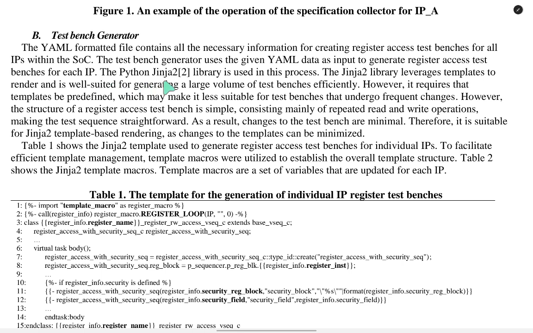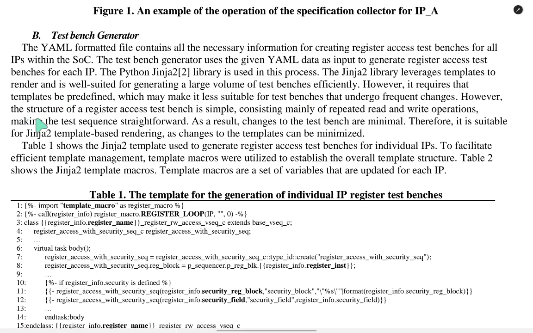The Python Jinja2 library is used in this process. The Jinja2 library leverages templates to render and is well suited for generating a large volume of test benches efficiently. However, it requires the template to be predefined, which may make it less suitable for test benches that undergo frequent changes.